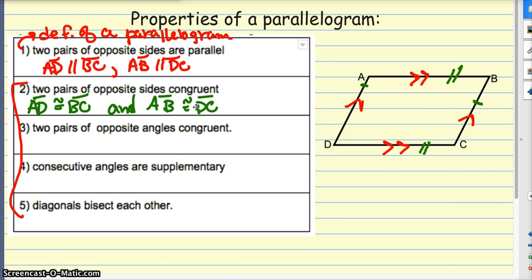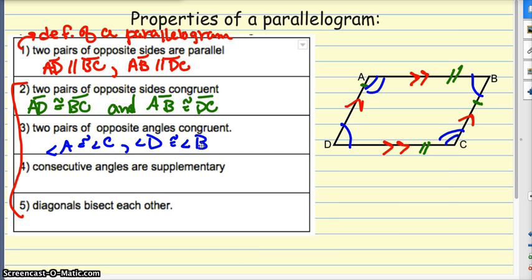That might be something you've known before, but the reasoning why these are congruent has to do with congruent triangles. Two pairs of opposite angles are congruent, meaning angles across from each other are congruent. So angle A is congruent to angle C, and angle D is congruent to angle B.